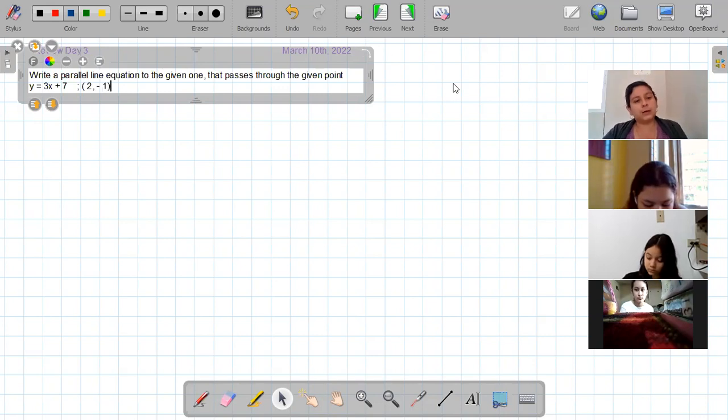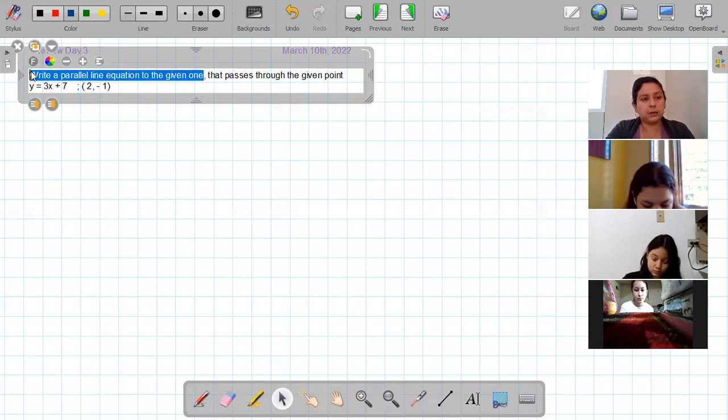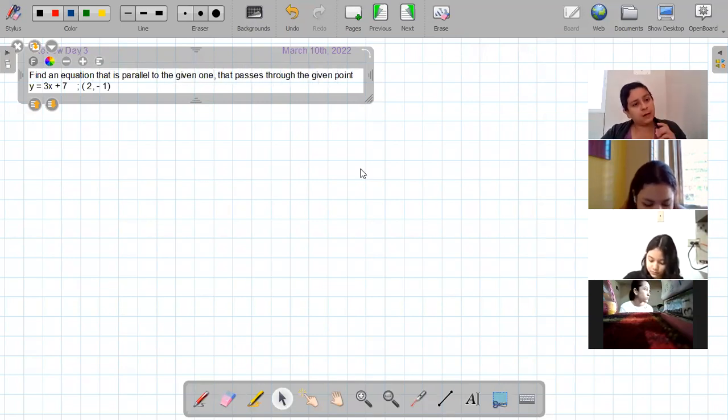So you need to find an equation that is parallel to the given one. Let's rewrite that instruction: find an equation that is parallel to the given one that passes through the given point. That sounds better.